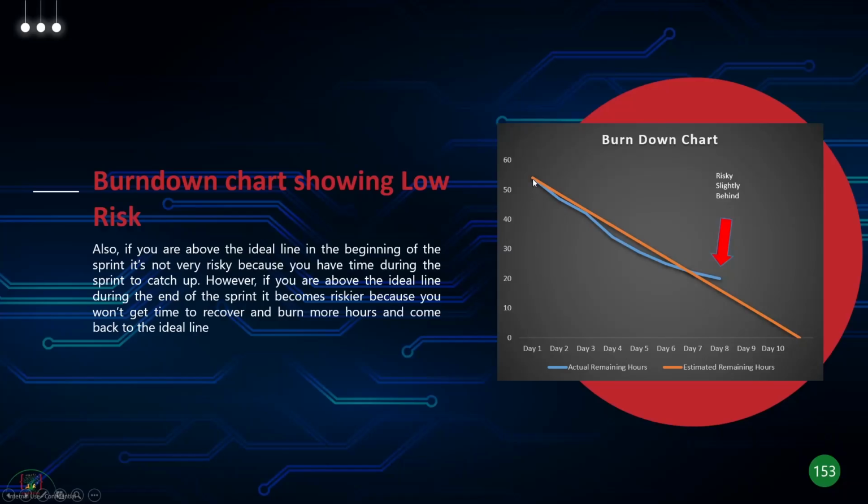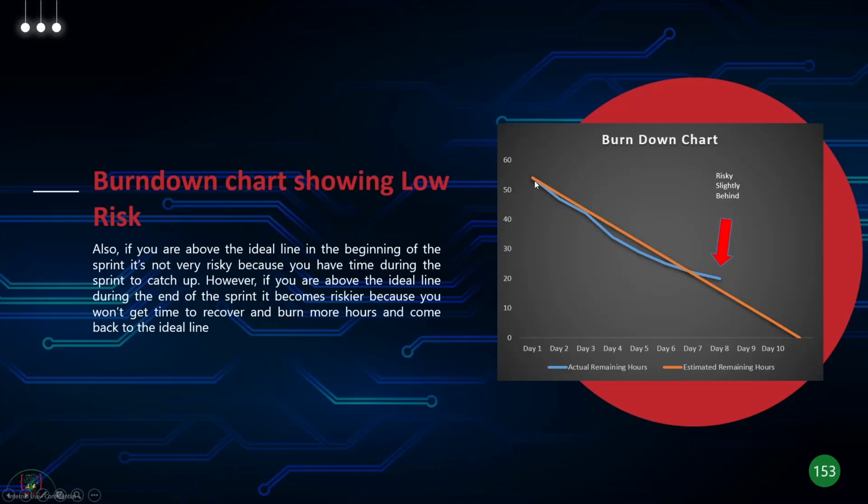So you can see here the yellow line is actually called the ideal line, right? So this is the number of hours that the team committed on day one. That's where it starts from. So let's say it committed, in this particular case, somewhere between 50 and 60, let's say it committed 55 hours, right, for the sprint. And the idea with the burn down is that it's going to be a linear line.